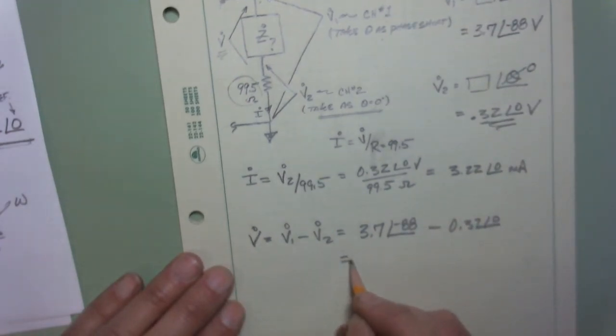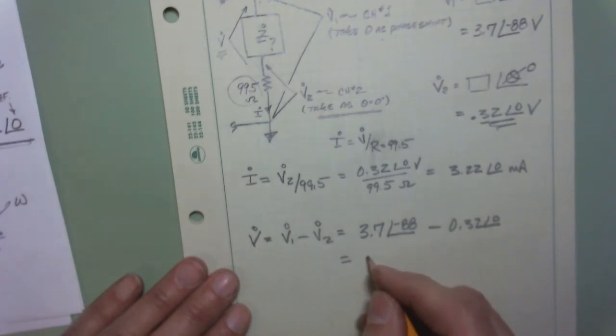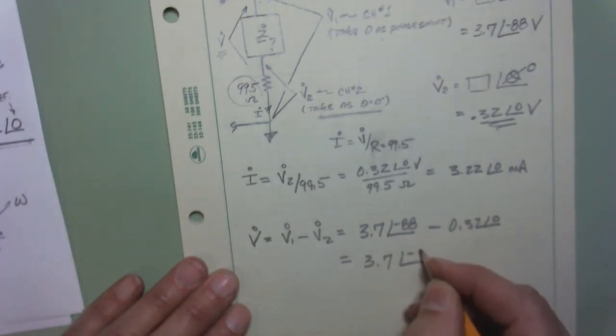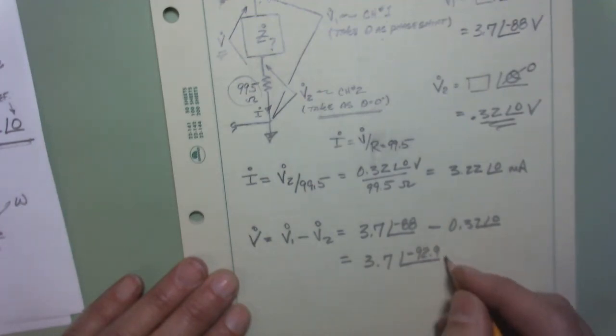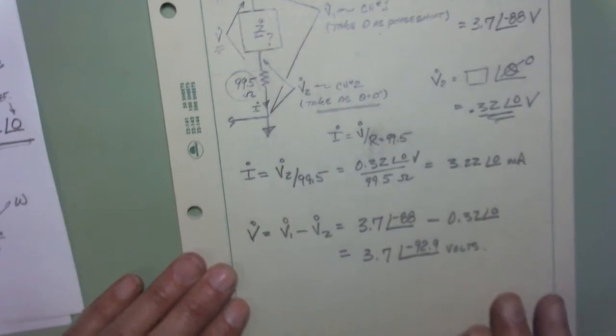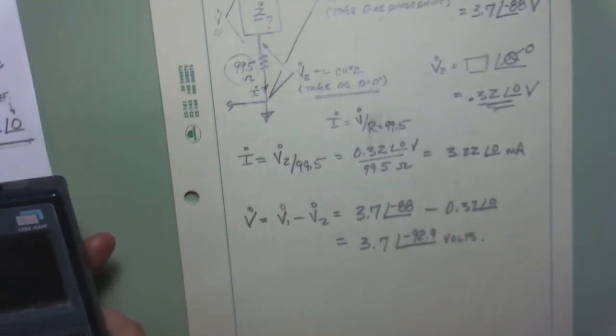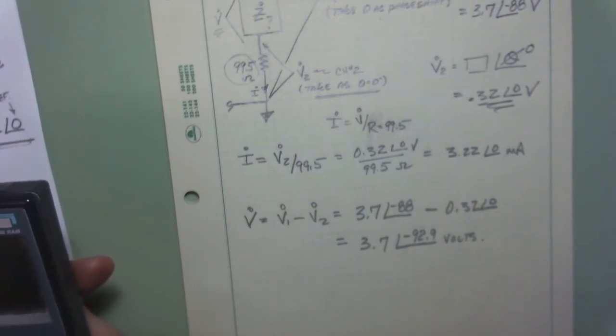And that gives me then 3.7 at minus 92.9, and that's volts. Okay. So let me double check that.